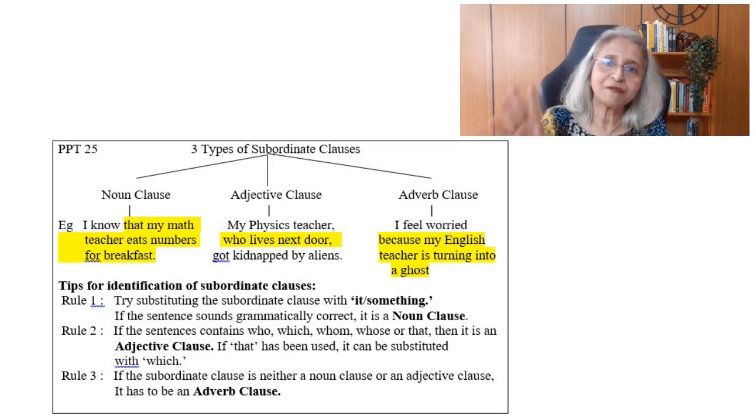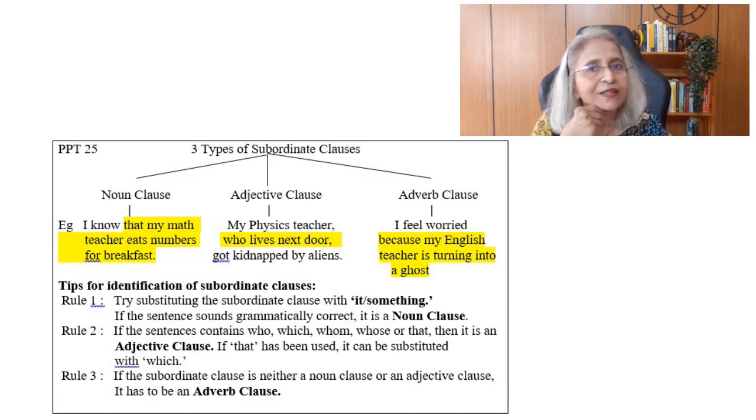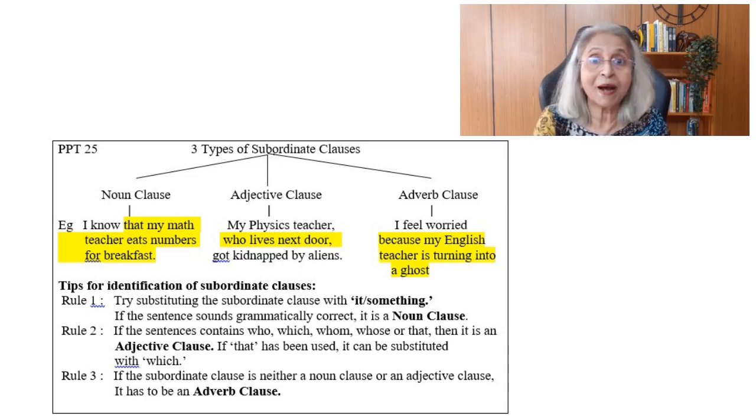Fine, you have the noun clause. Let me give you an example of the noun clause. I know that my math teacher eats numbers for breakfast. There you are. I know that my maths teacher eats numbers for breakfast.